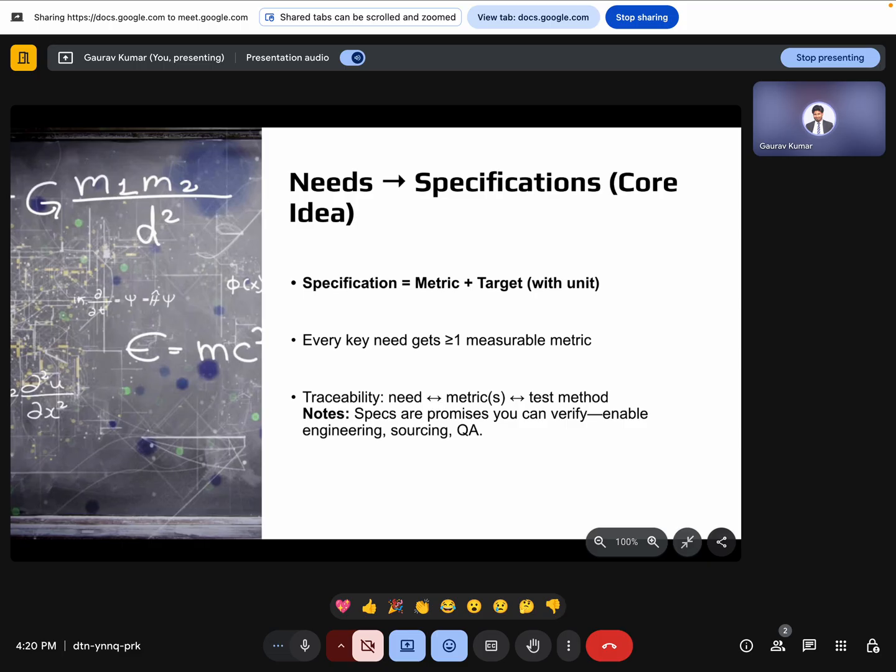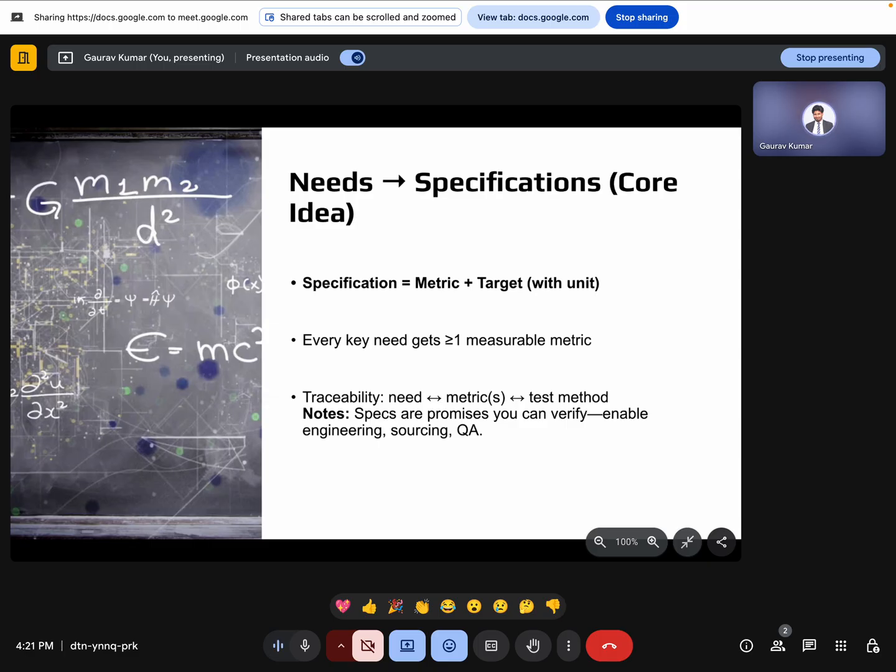For example, the need "stable on wet tiles and rims" becomes the metric maximum slip angle on wet ceramic tiles, in degrees, with an ideal target and a minimum acceptable target, and a tilt table test protocol describing apparatus, trials, and how results are reported.